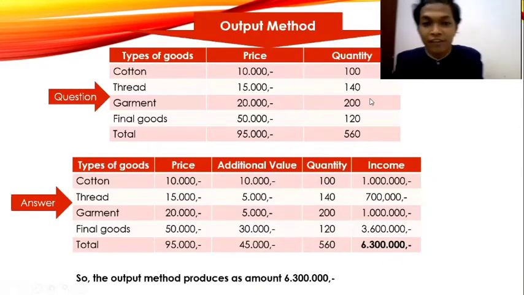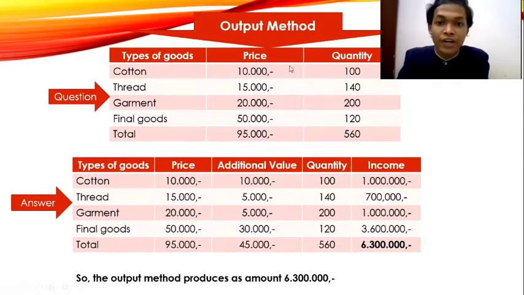The first one that we have to learn or understand is the output method. The question is on the screen. We have three columns: types of goods, price, and quantity. Usually a company produces cotton, which becomes thread, then thread becomes garments, and then garments become the final goods.